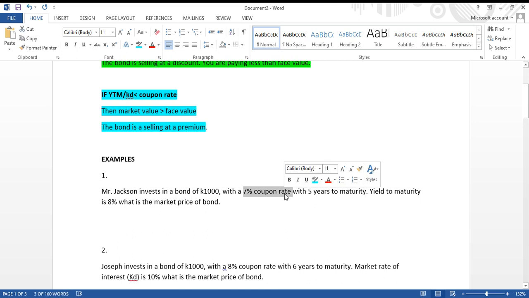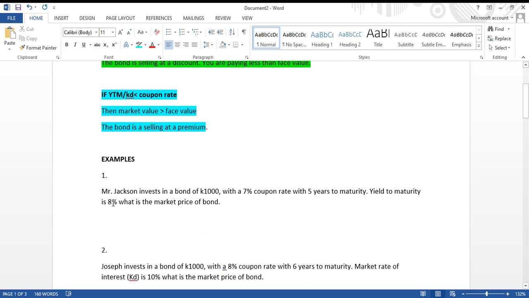So Mr. Jackson invests in a bond of 1,000 with a 7% coupon rate. This 7% coupon rate is the interest rate, with 5 years to maturity. So when you purchase this debt on the stock exchange, after 5 years, when it matures, you're going to receive this initial amount of 1,000, including your interest payment.